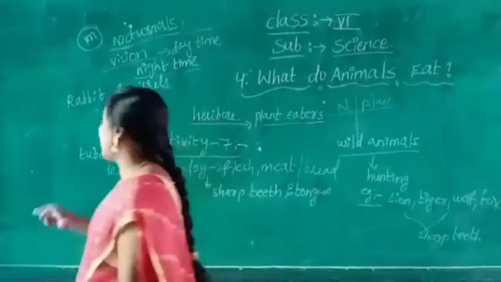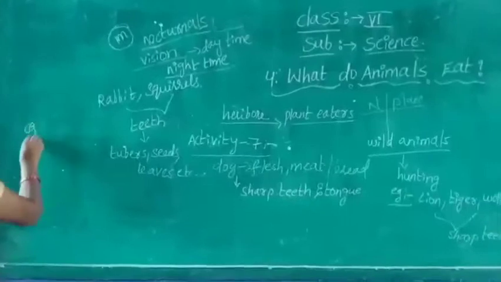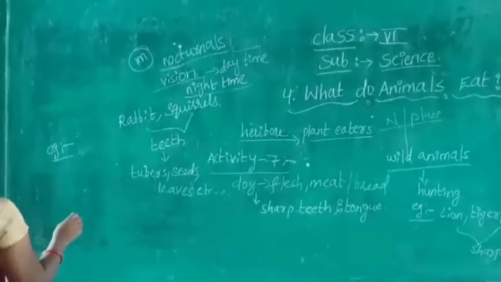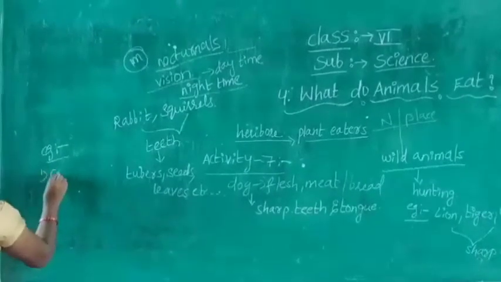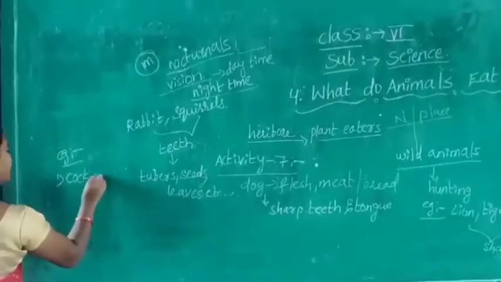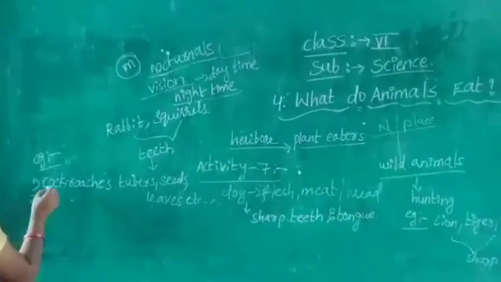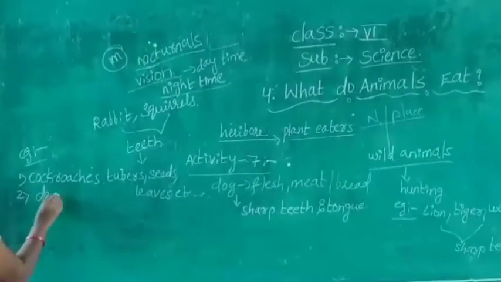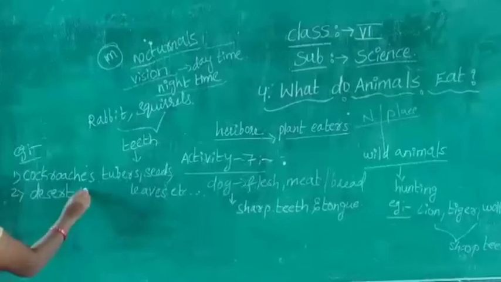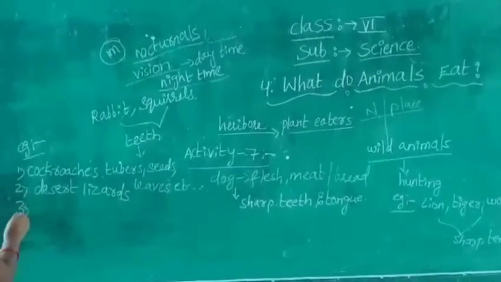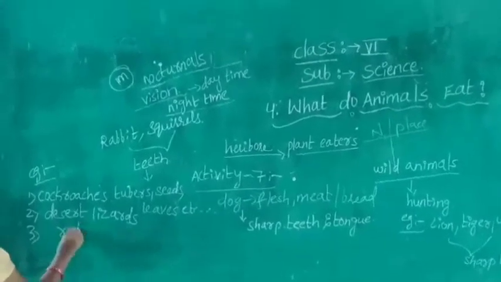What are the examples of nocturnals? Very important. First one, cockroaches. Second one, desert lizards. Third one, rats.